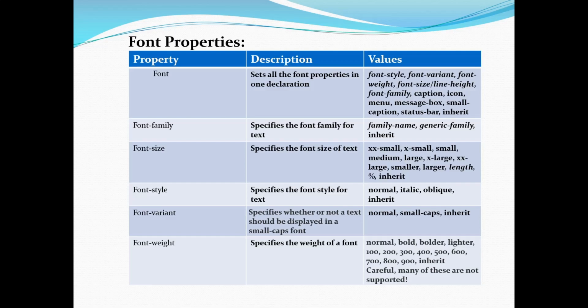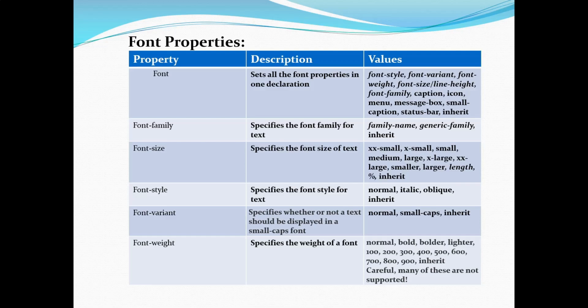Then we have font size. What is the size of your font? Whatever size you want for your text you can give using font size. Then we have font style. You want it to be normal, you want your font to be italic, you can define it using font style. Then we have font variant. It defines if you want to display it in the small caps font or which kind of thing you want it to be displayed.